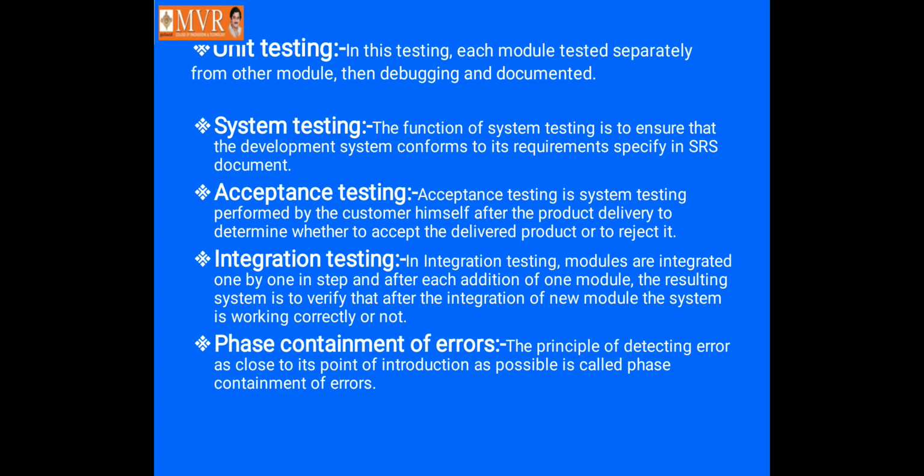Unit testing: in this testing each module is tested separately from other modules, then debugging and documenting. System testing: the function of system testing is to ensure that the developed system conforms to the requirements specified in the SRS document. Acceptance testing: acceptance testing is a system testing performed by the customer himself after the product delivery to determine whether to accept the delivered product or to reject it.